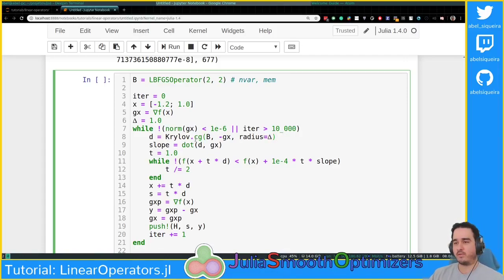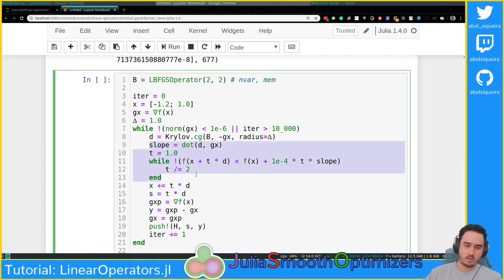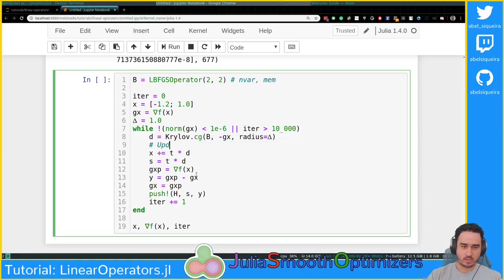And you're gonna have a trust region method using the LBFGS operator. Of course, this doesn't work the same way anymore, and you have to update the trust region here.